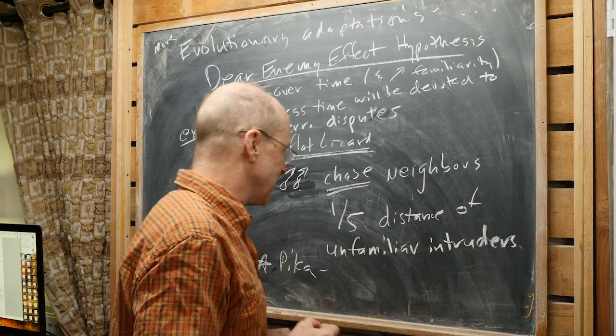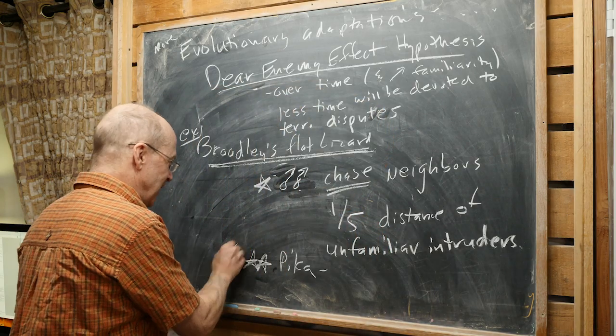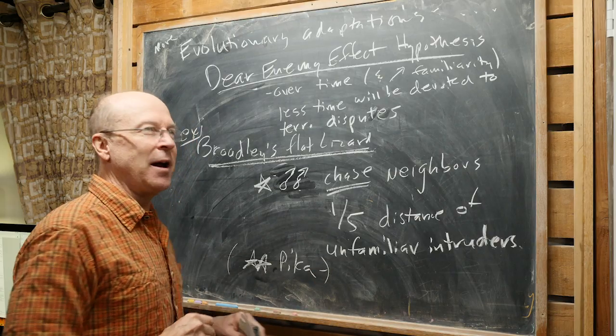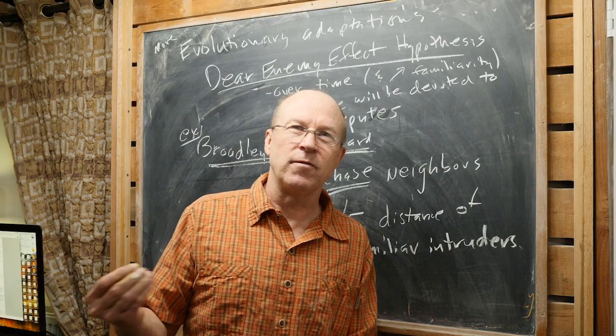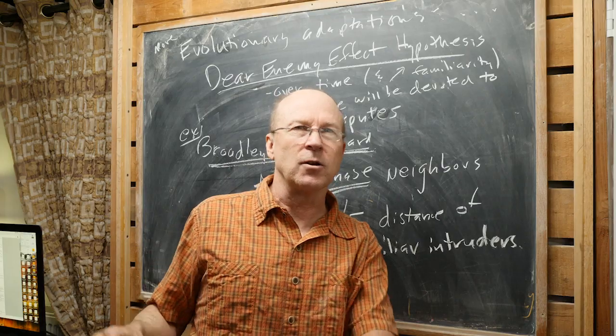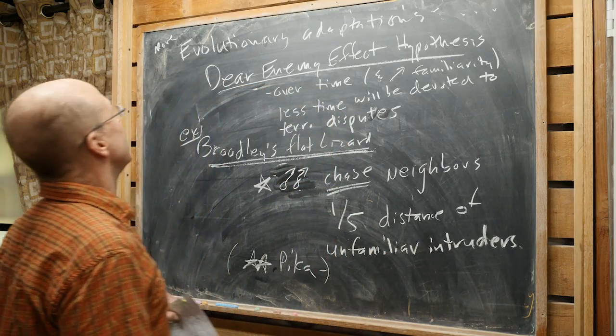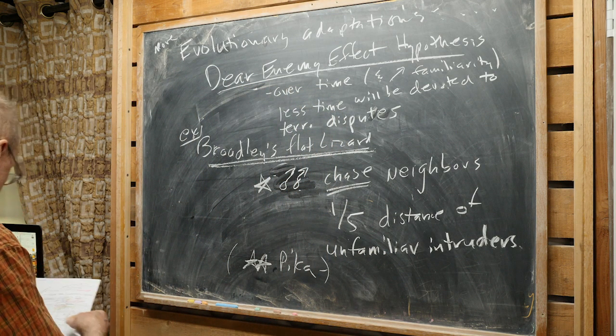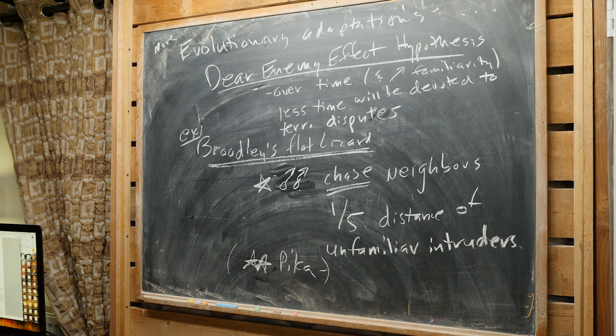That's an interesting thing, just a little sideline. I keep wanting to bring up pika because they're so cool, and we've been able to see them in several different ways. Okay, so that's the dear enemy effect hypothesis. More on the dear enemy effect hypothesis coming.